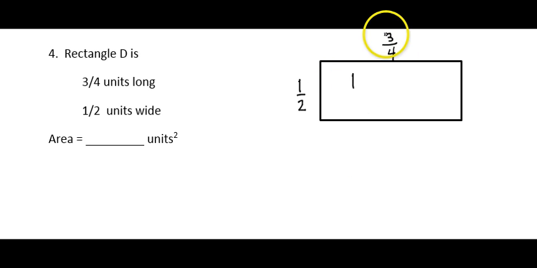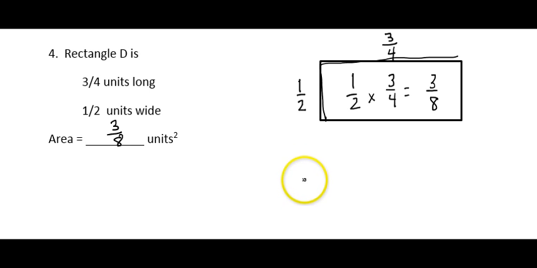So 1/2 times 3/4 would equal 3/8. So the area of this rectangle would be 3/8 square units. So you can see how using the area model of multiplication helps with fractions as well.